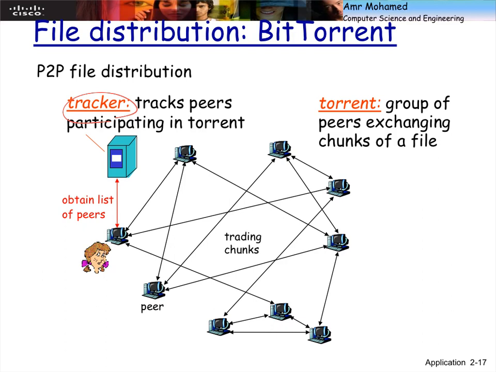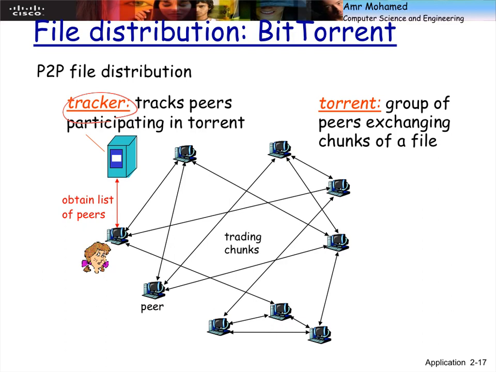So the directory server will direct you to this group tracker, and the group tracker will say, okay, I now have one more person who is joining the group that are all interested in this torrent. So we form a logical group inside the big peer-to-peer network. This group is interested in a particular file.